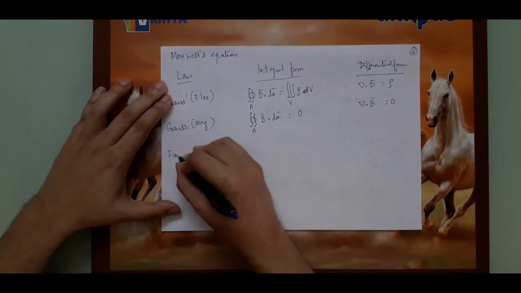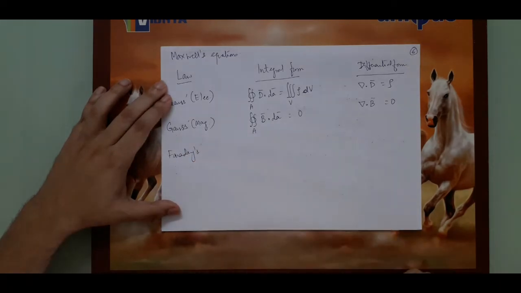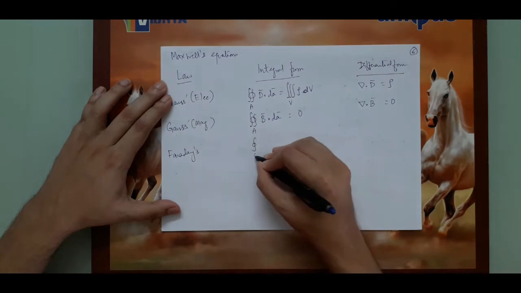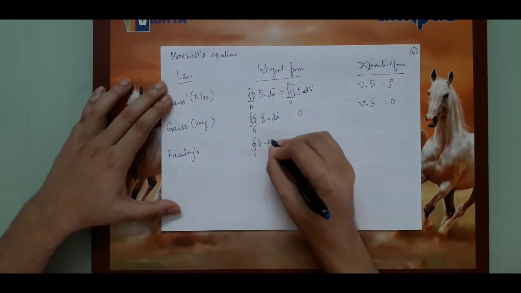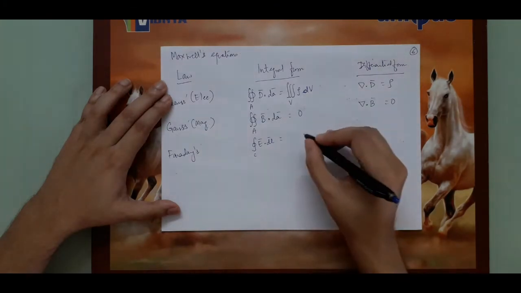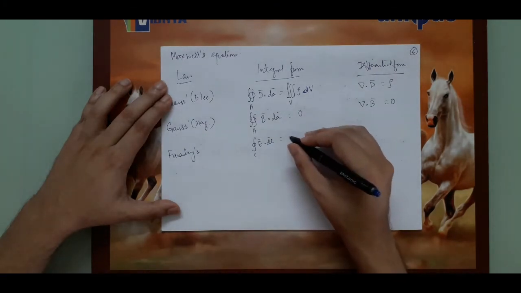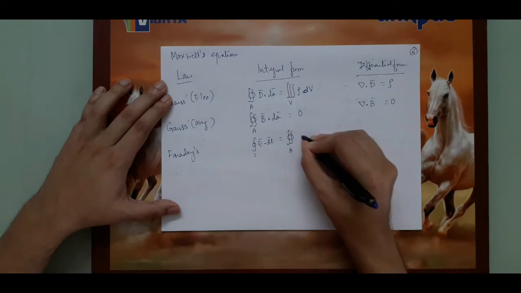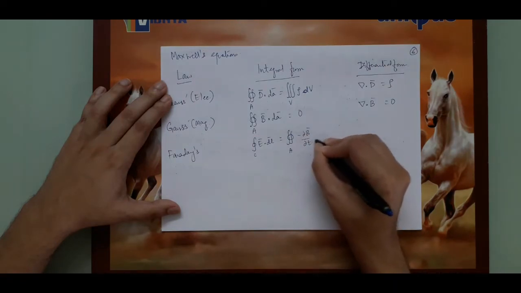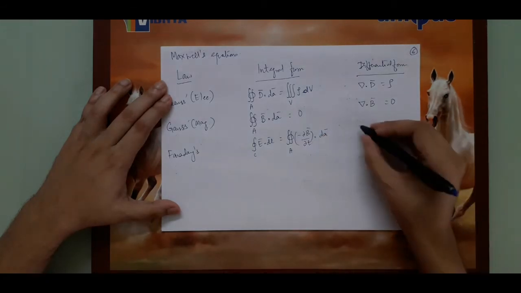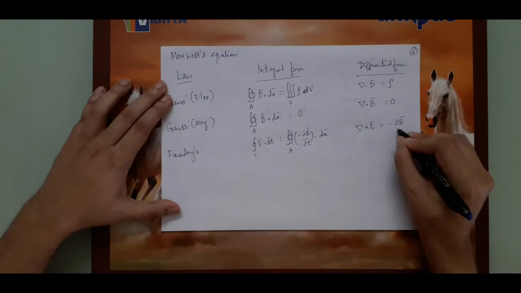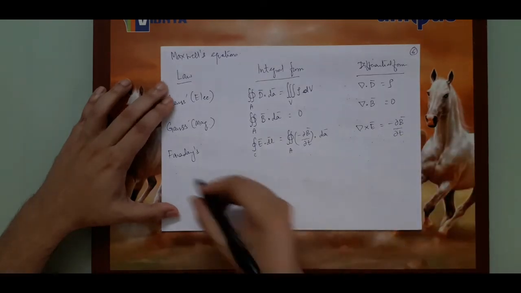Then comes Faraday's law, and the integral form for that is E dot dl in a closed contour, that is nothing but, so the differential form of that would be the curl of the electric field is nothing but minus del B by del T.